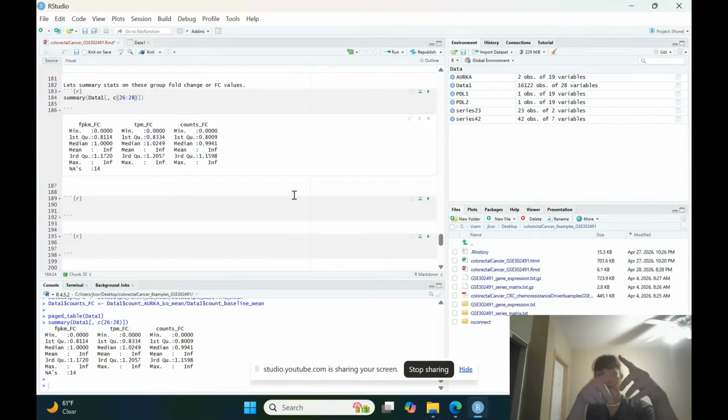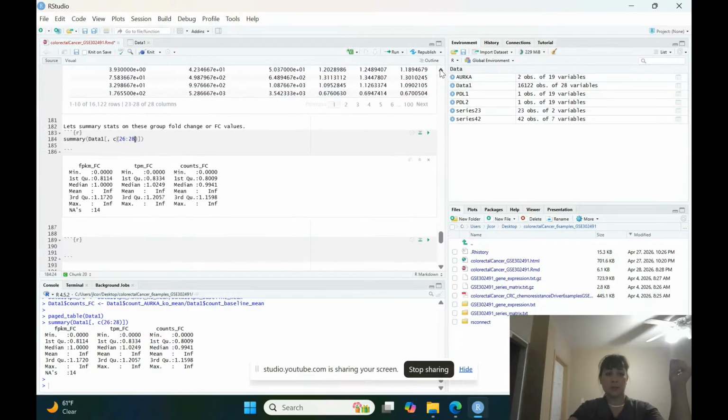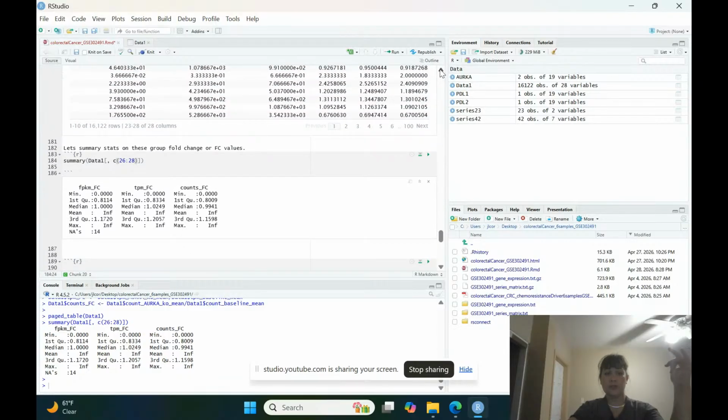Then it flips, and somehow it's infinity, I believe. It's been a while, but basically, if you have something that is really small and it goes into something very large, it can be a very, very large number. So that's what that is.